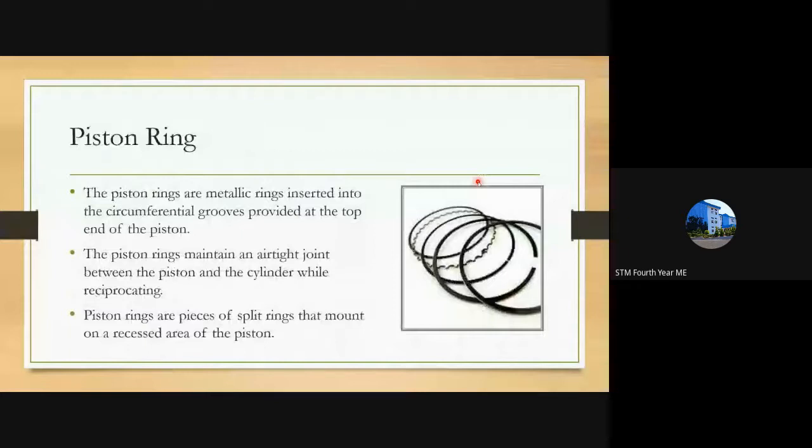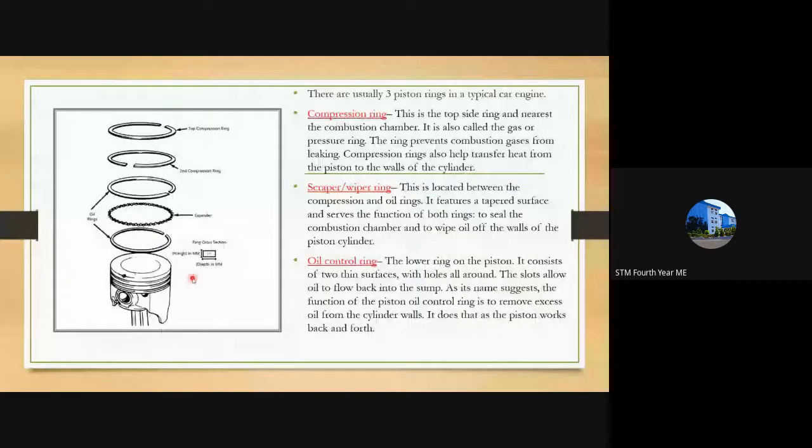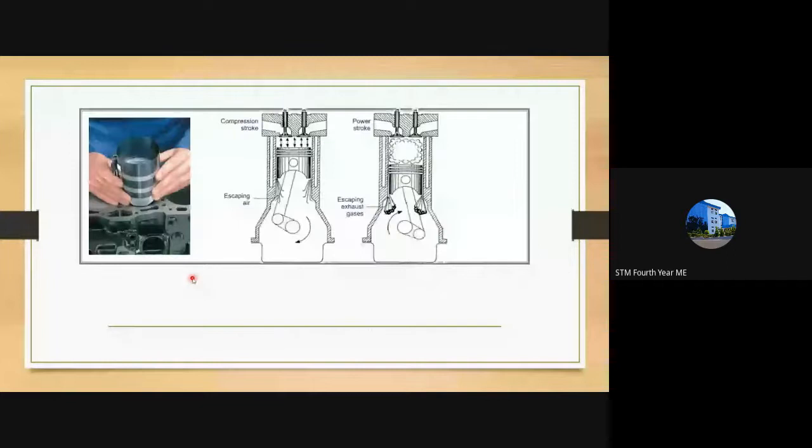The piston rings maintain an airtight joint between the piston and cylinder while reciprocating. To explain that, you can look at the figure shown here.